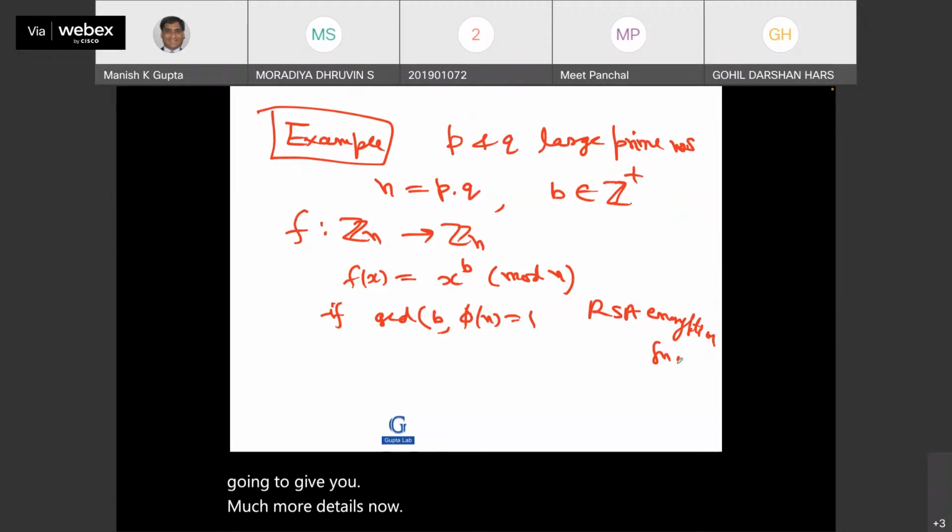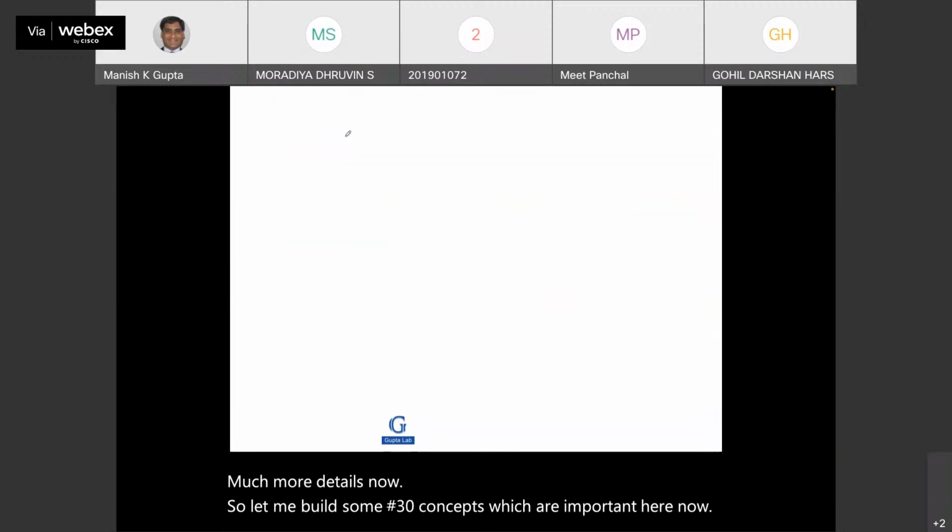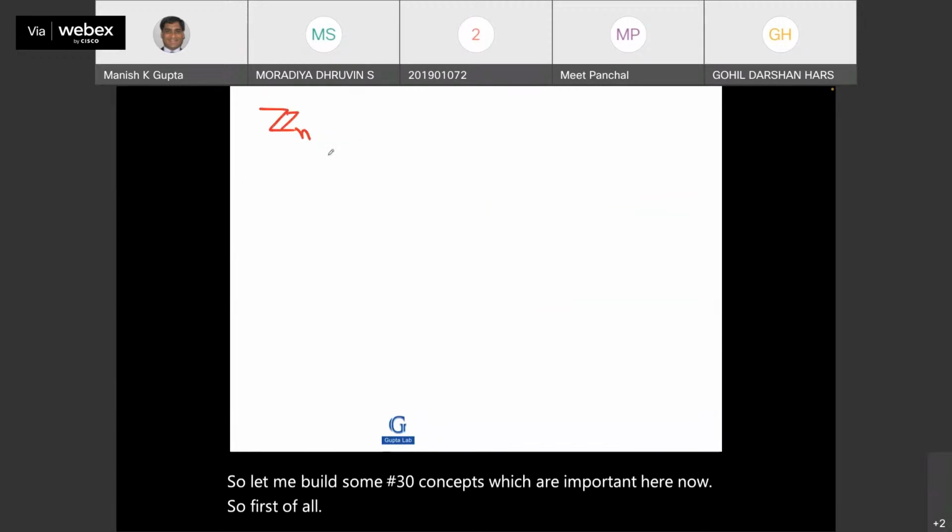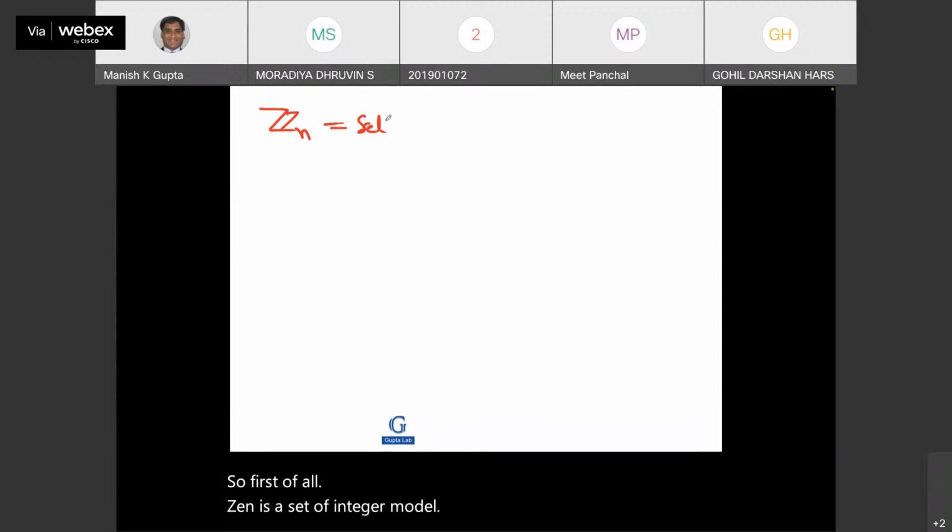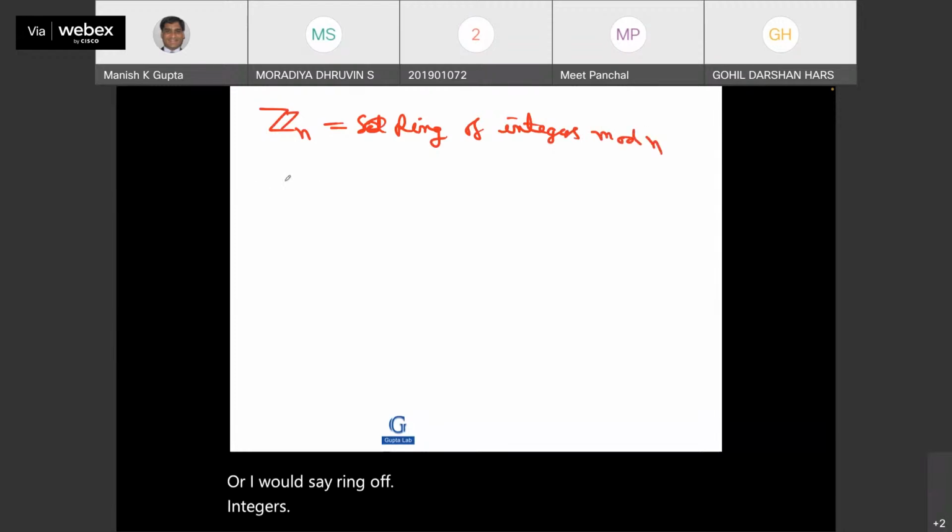So let me build some number theoretic concepts which are important here. First of all, Zn is the set of integers modulo n, or I would say the ring of integers modulo n.